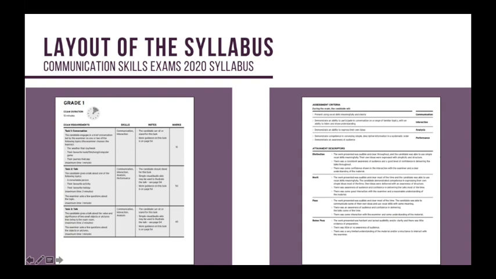Each of the grades also have clear assessment criteria and attainment descriptors, which provides insight for teachers and candidates on the expectations and what the examiner is looking for at each level.